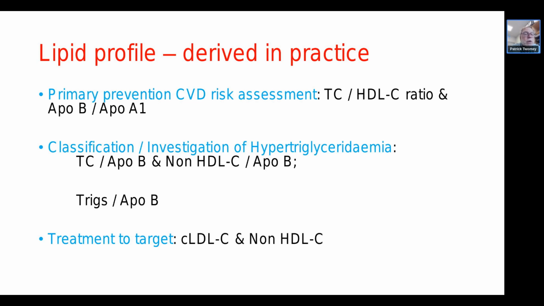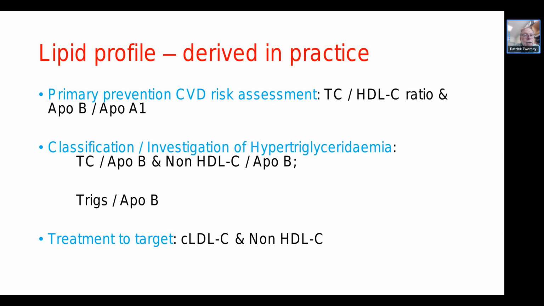Similarly, the total cholesterol to ApoB and the non-HDL to ApoB ratios are very good for classification and investigation of hypertriglyceridemia, and similarly with triglycerides divided by ApoB. So if you don't have hypertriglyceridemia, then this is much less valuable or interesting. And personally, I don't tend to look at those in patients who don't have hypertriglyceridemia.